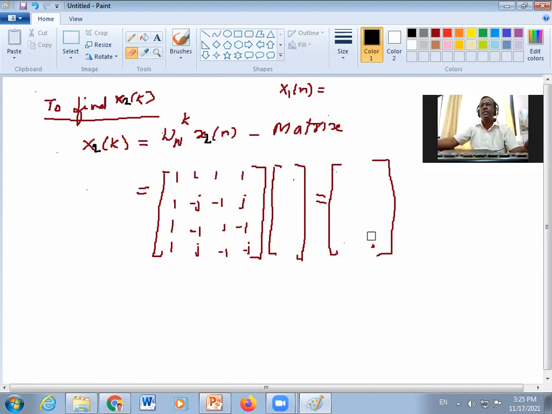Only the input term will get changed, and with respect to that, our output will get changed. What is the second sequence? x2 of n is 3, 4, 1, 2. Just calculate the values and tell me the answer.